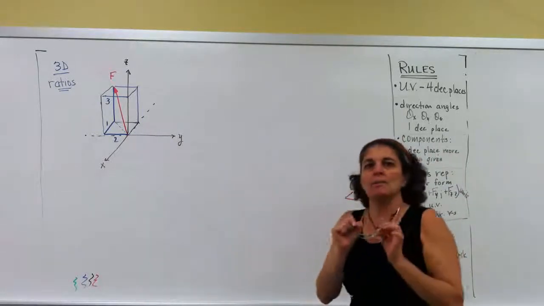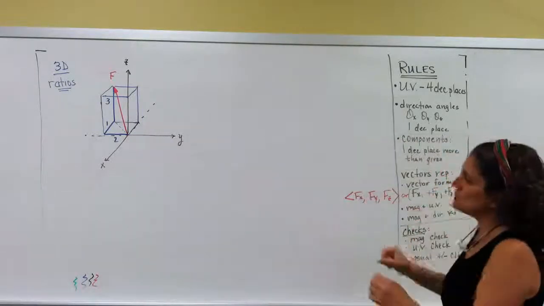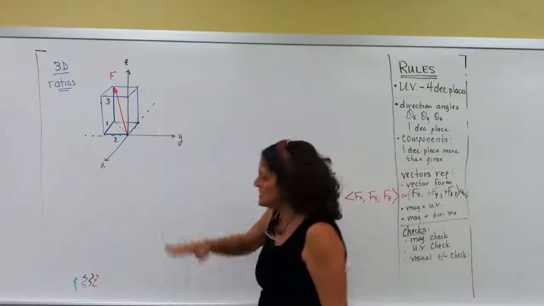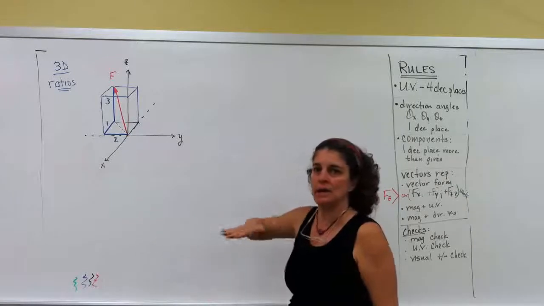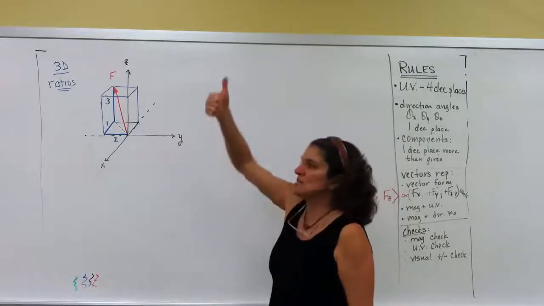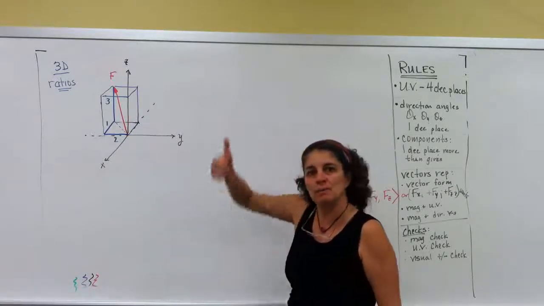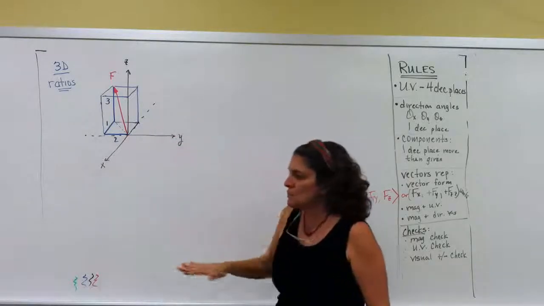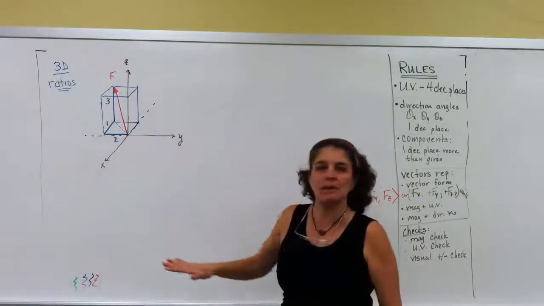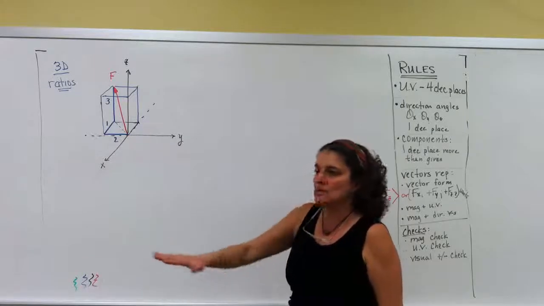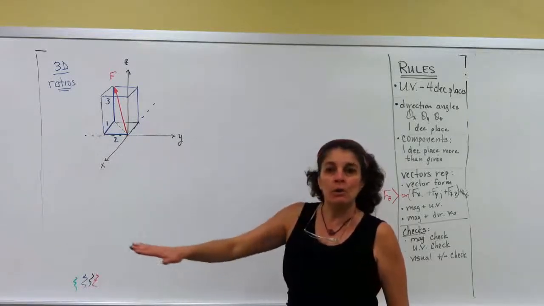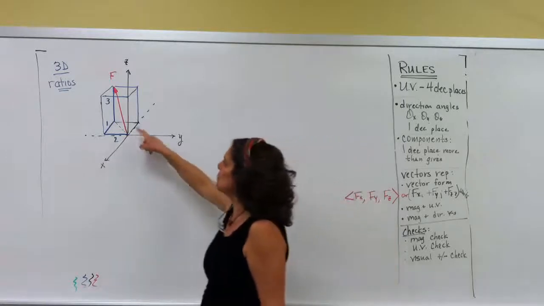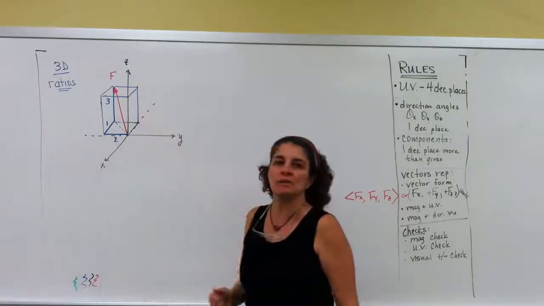It's very, very important in 3D problems that you first look at the axes. In this case, the x and y axes are on the horizontal plane, and the z-axis is vertical. It's usually drawn like this because xy represents our plane. If you think about the Earth, we're looking at an xy plane, or north, south, east, west plane, a horizontal plane, and then the vertical axis really represents the elevation.